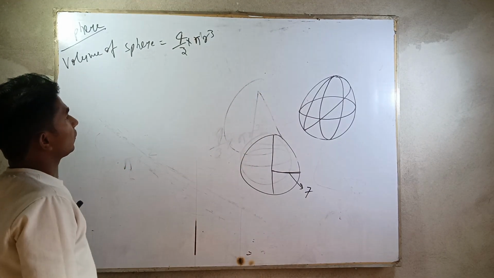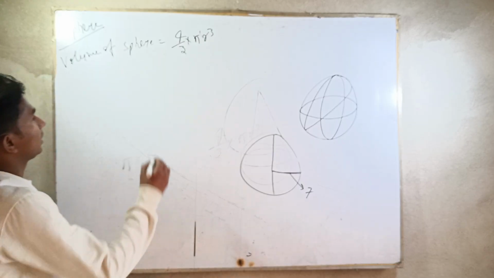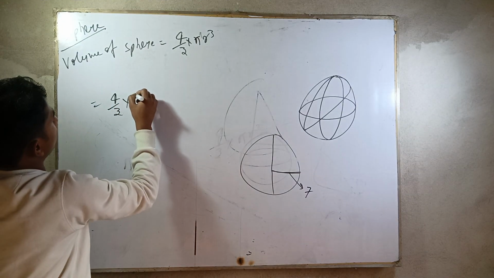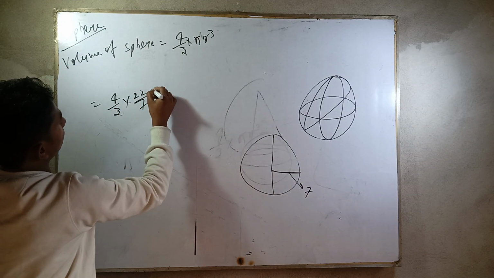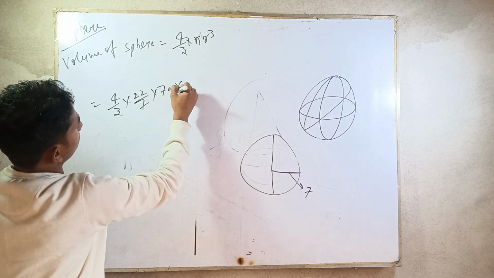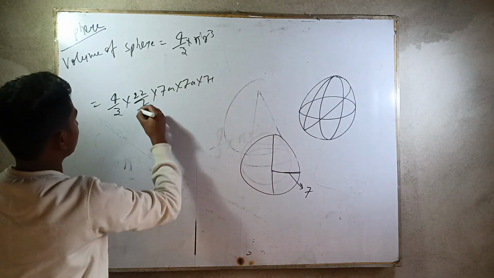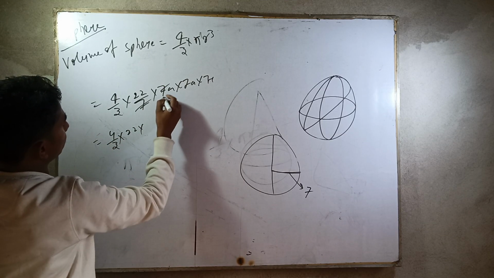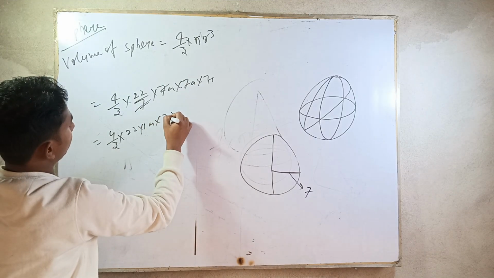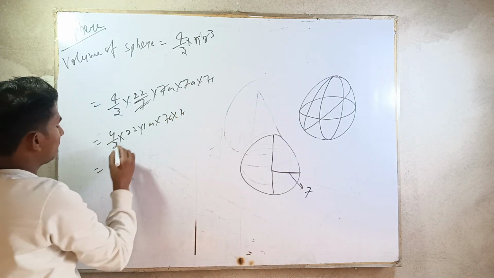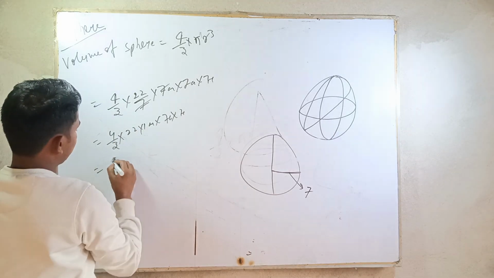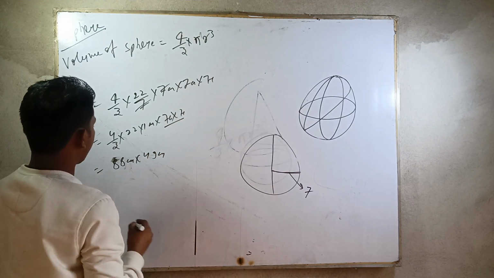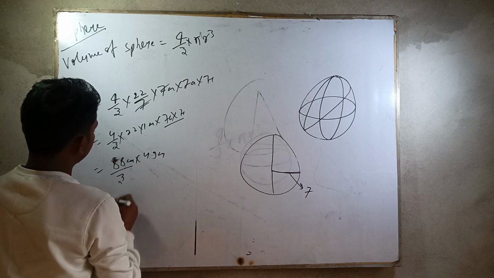I need to find its volume, so I will replace the value: 4 by 3 cross 22 by 7, and r is given as 7 cross 7 cross 7. That means 4 by 3 into 22 by 7 cross 7 cross 7. Then it will be 88 centimeter cross 49 centimeter. 7 sevens are 49, by 3.